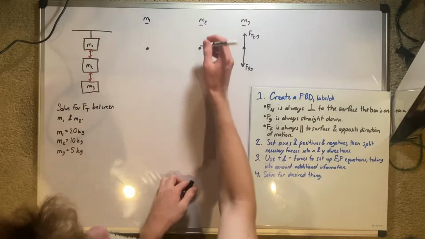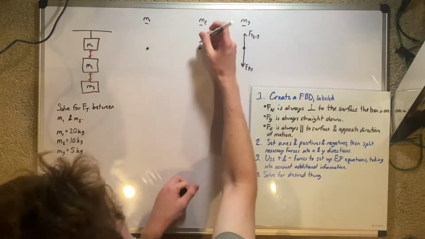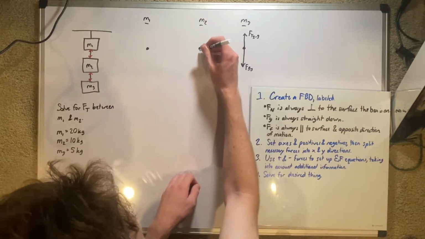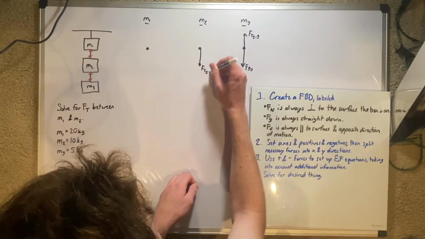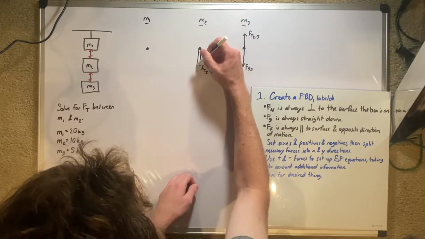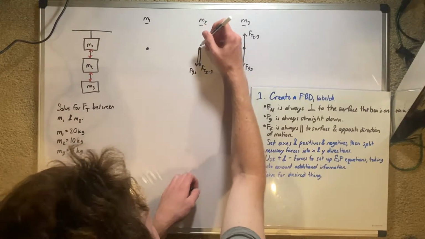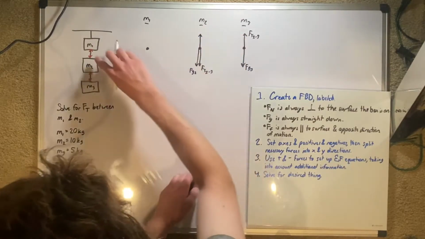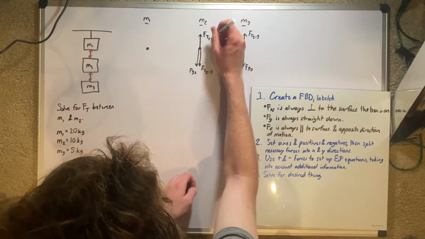So now we also know that our M2 has the tension that goes downwards from force of tension 2 to 3. Also, it has the force of gravity on 2. And then we have a tension that goes upwards as well, force of tension 1 to 2.